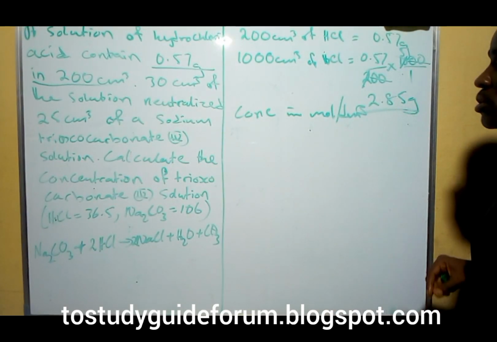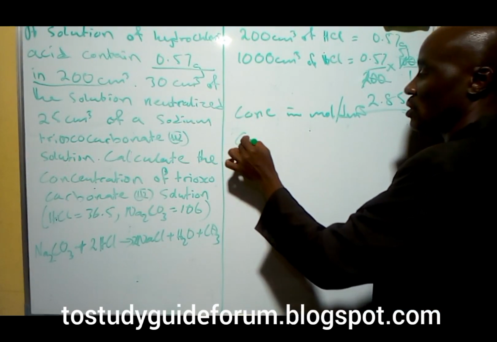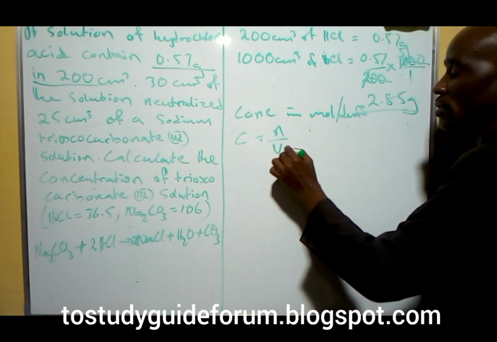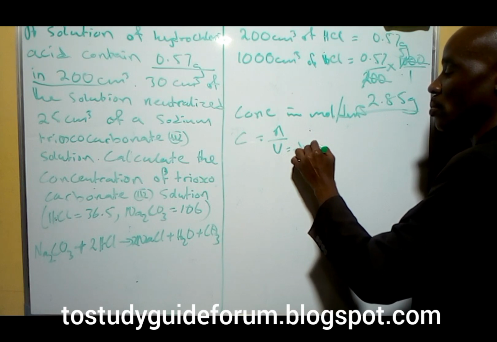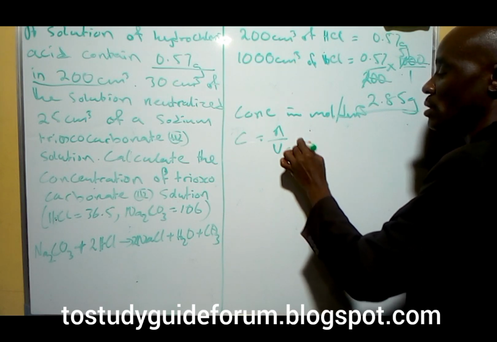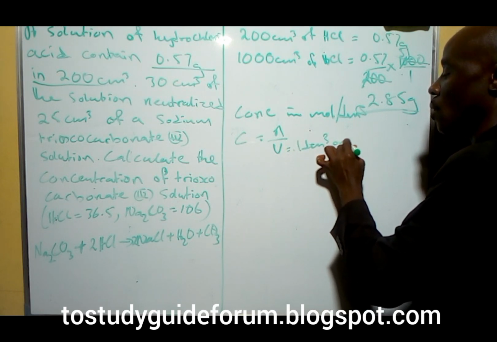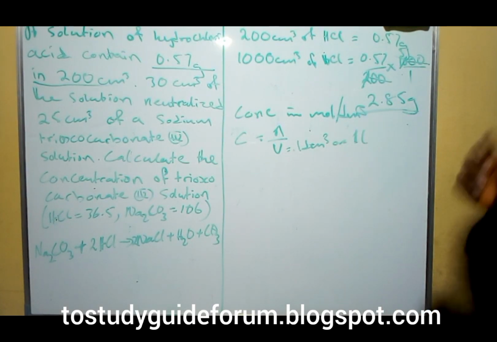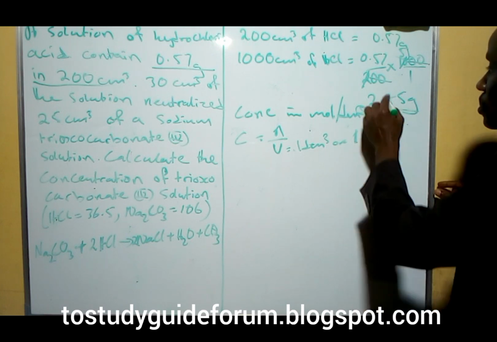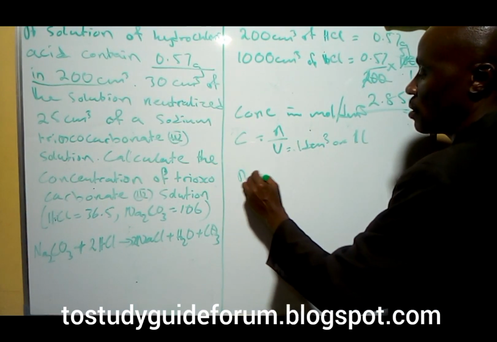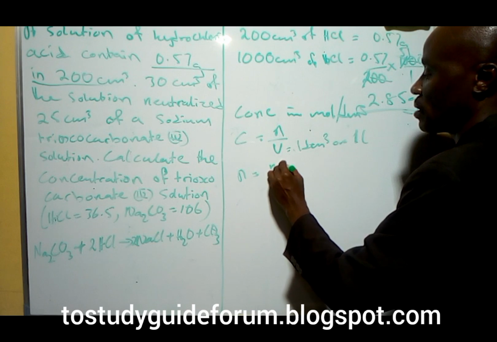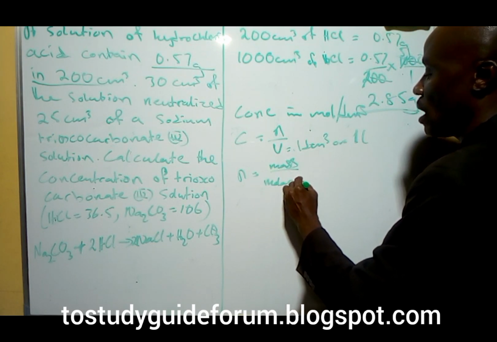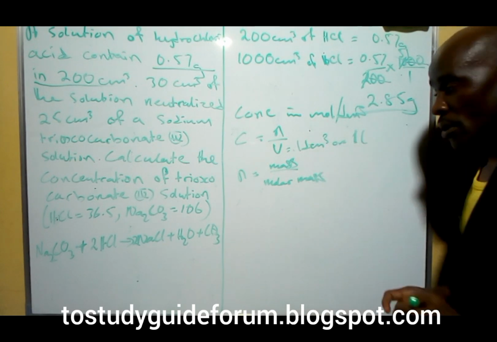Since 1 dm cube will contain this, and we know that concentration is always amount over volume, and this volume is equal to 1 dm cube or 1 liter, as the case may be. The amount is always mass over molar mass.